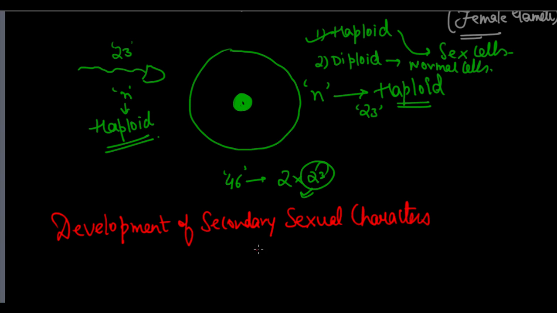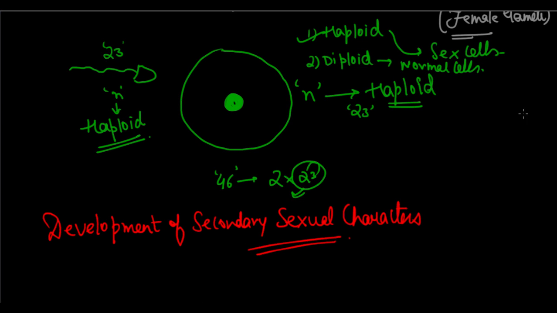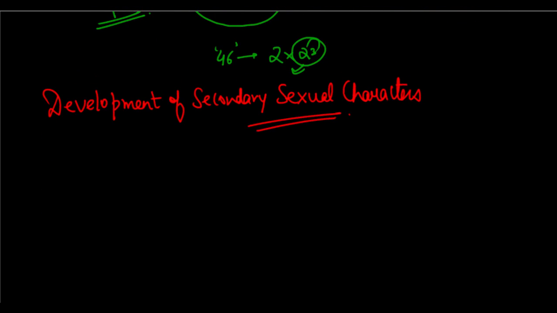Secondary sexual characters are nothing but the characteristics of males and females. They are not characteristic property, right? Those are the characteristics of males and females. Development of secondary sexual characters takes place after a particular age, right?